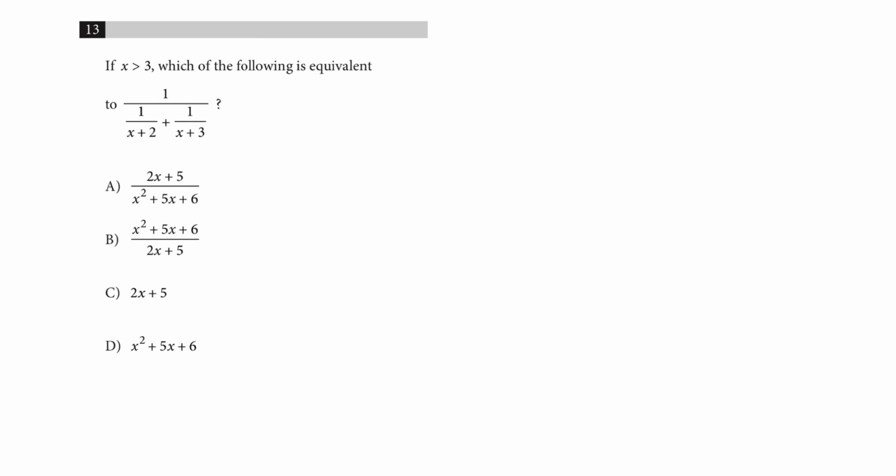So what I'm going to do to start with is I'm going to simplify what's going on down here, and I'm just going to ignore that it's all under 1. We're going to get back to that later. So we're going to start off by taking 1 over x plus 2, plus 1 over x plus 3. So in order to simplify that, we have to multiply both of these by the other value.